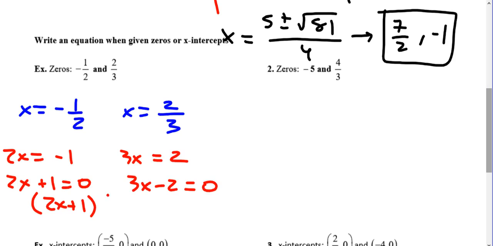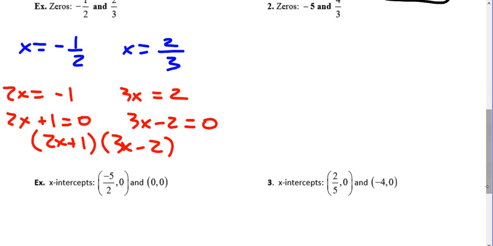My other factor is 3x minus 2. We want you to put this in standard form, so go ahead and FOIL it. You should get 6x squared plus 3x minus 4x is minus x minus 2. This is my function. Okay?